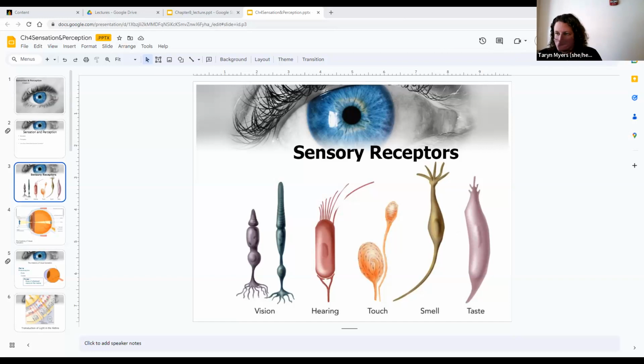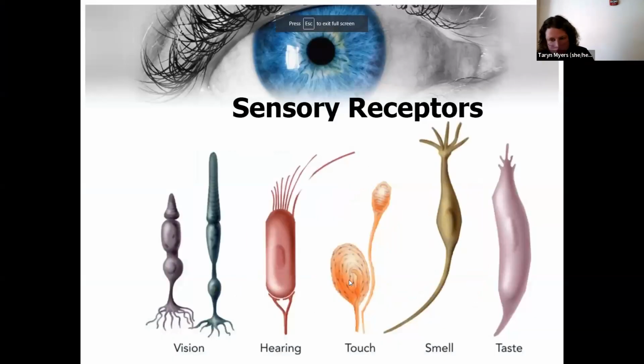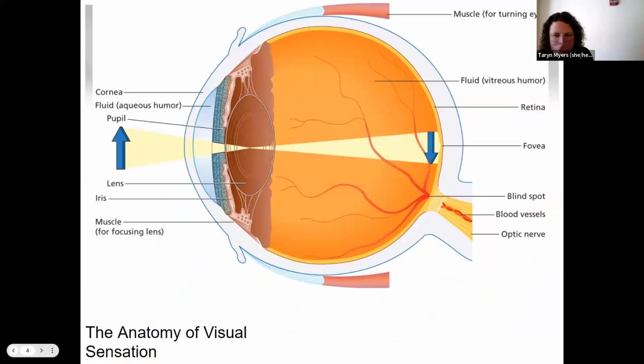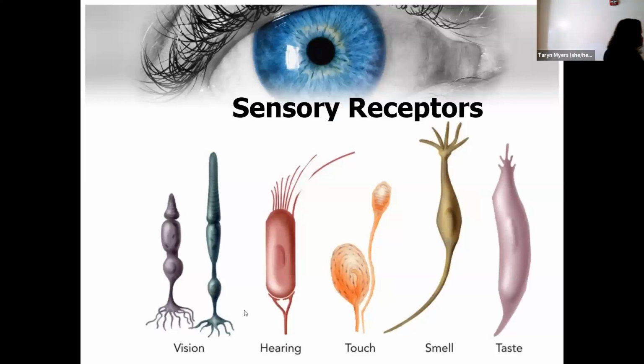So the sensory systems, there's obviously more than one, and they are fairly complex. Each sense has slightly different receptors, and the ones for vision are photoreceptors that take in light.